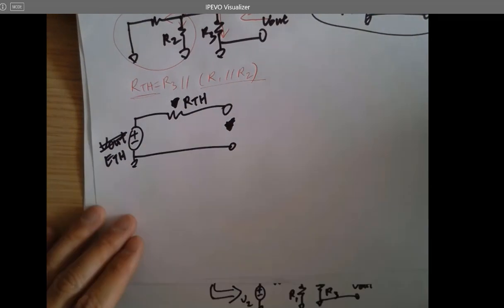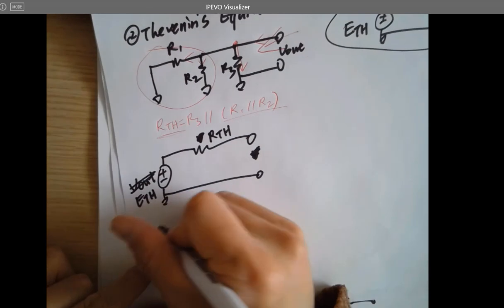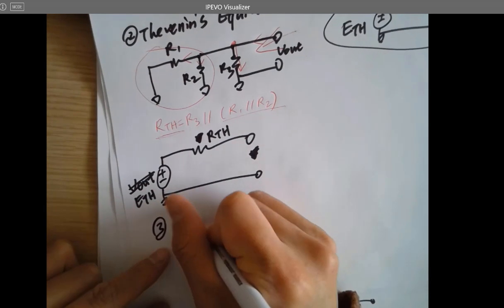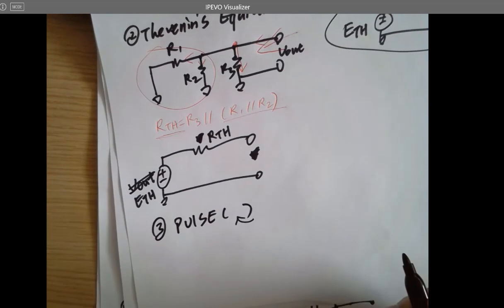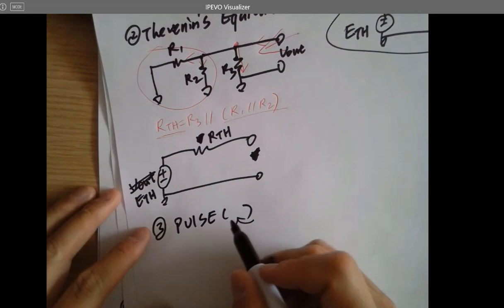One more thing. We have one minute left. You need to know the pulse function. What are the arguments inside this function in LTSpice? There are several parameters.